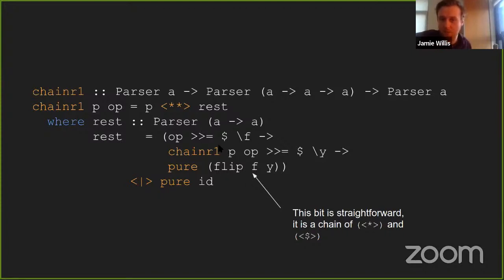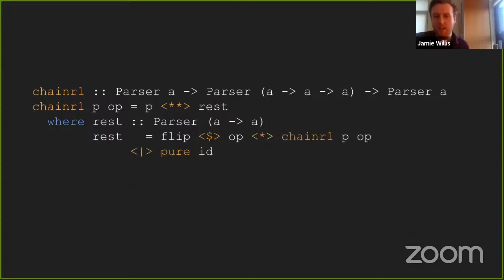But we've still got to deal with these pesky binds here. These ones, thankfully, are easy. It's straightforward. This is a chain of fmaps and apps. So this is what applicative do notation would also be able to find for you. So basically, I'll do the translation and flip back between them a little bit.